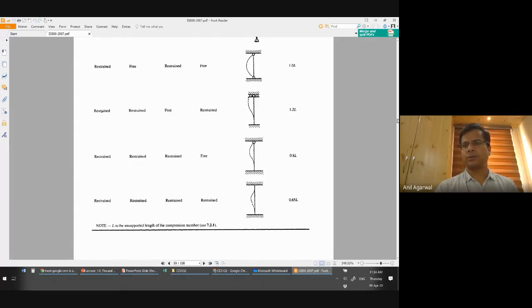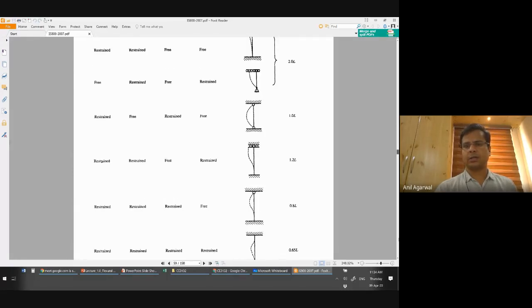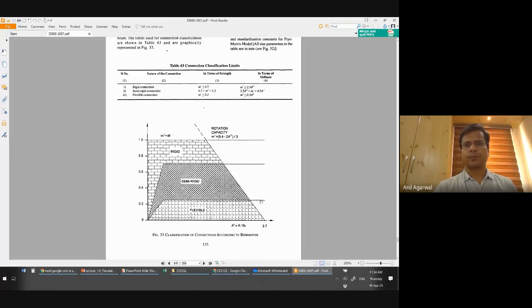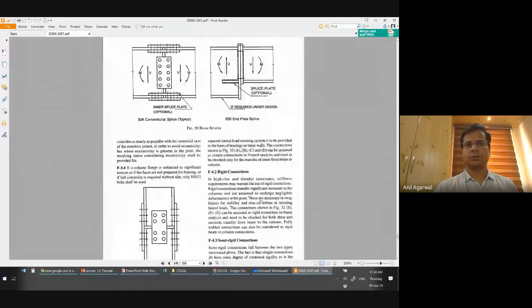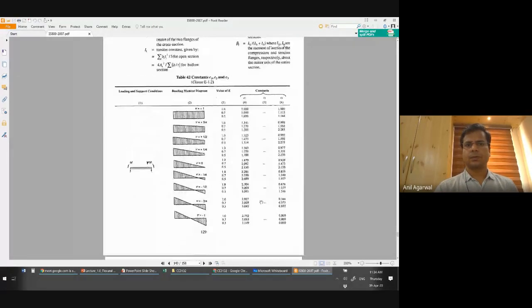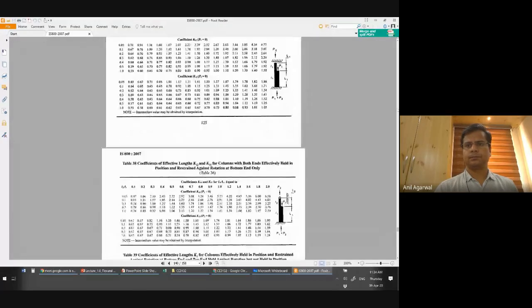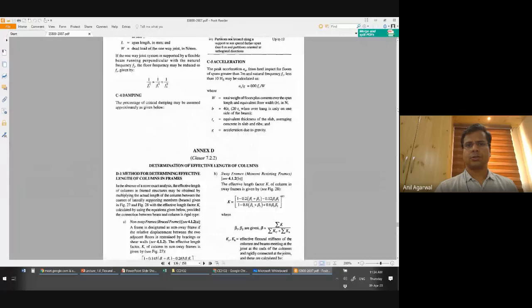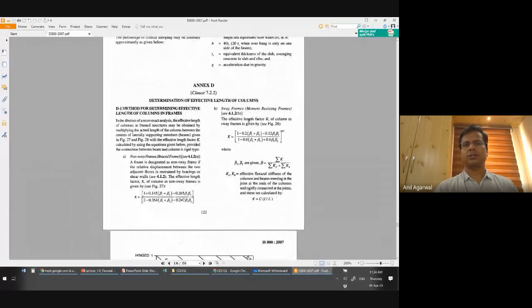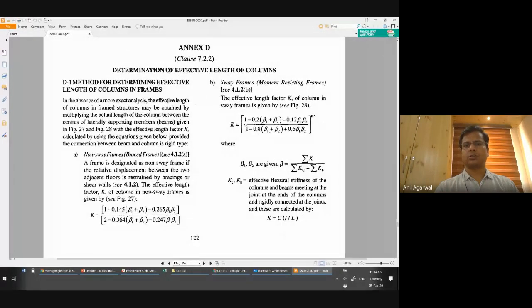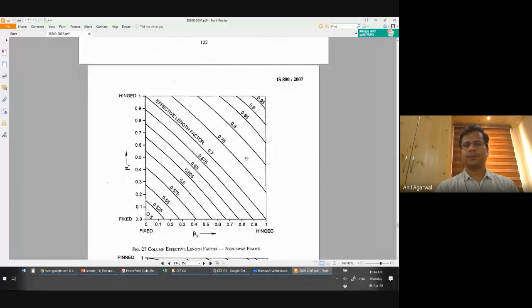I don't know whether this annex was discussed in your compression member discussion. I think annexure D. Was annexure D discussed for calculation of K for a frame?